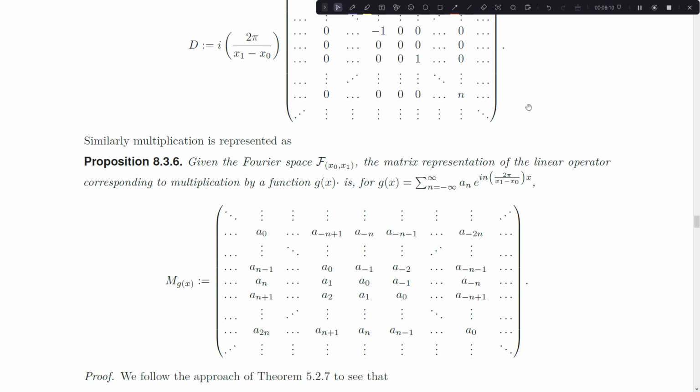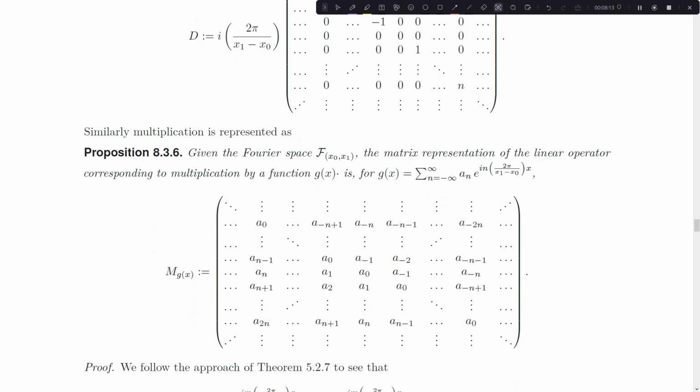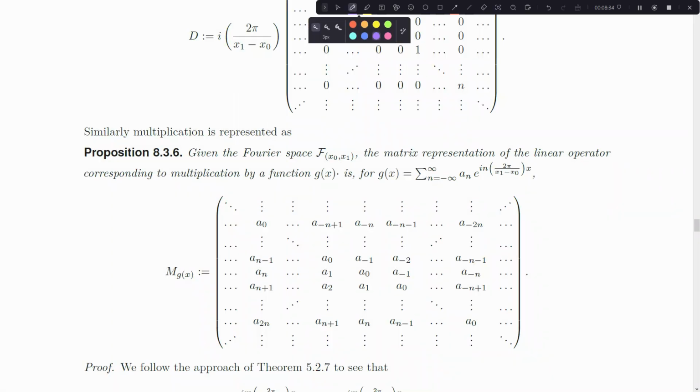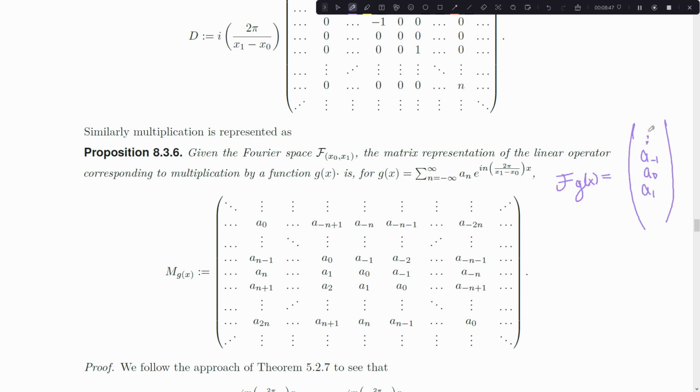Okay, so we can also represent multiplication by a function the same way we did for analytic functions. So in the Fourier space, it gets a little bit uglier, but not terrible. If we have a Fourier series representation of a function, so called g of x, my function, and take its Fourier series representation, there's my a sub n's. What's actually happening here is think about the Fourier series transform of g now as this infinitely long vector, a0, a negative 1, a positive 1, dot dot dot.